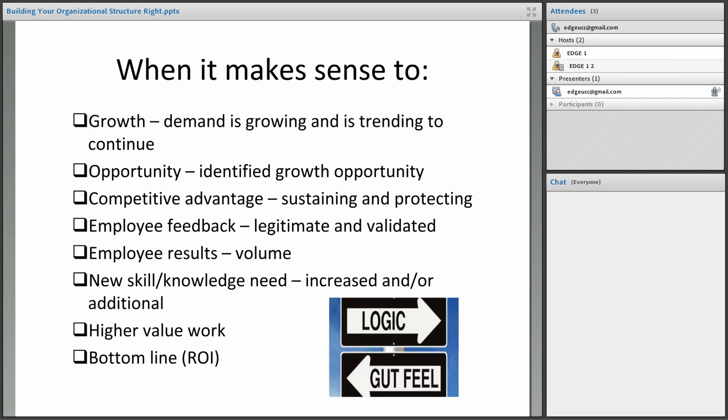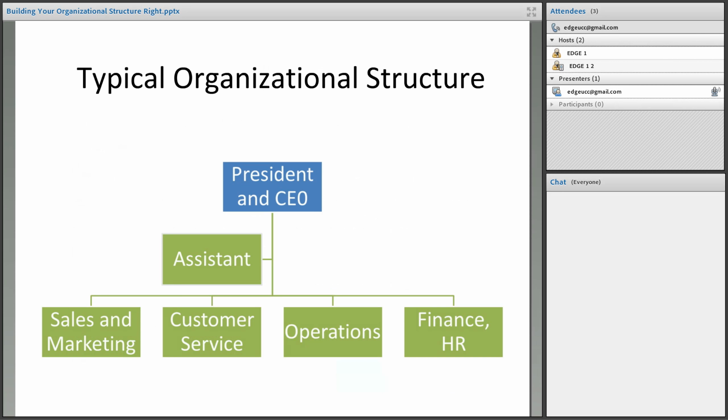And last but not least is the bottom line ROI. At the end of the day, your business, your organization could be doing really well. You have money that's coming in. You can choose to keep it inside the business, or you could also use it in order to expand and bring in more resources. And there are some businesses and organizations that do this when they say, okay, you know what, I'm done working my 60, 70 hours a week.